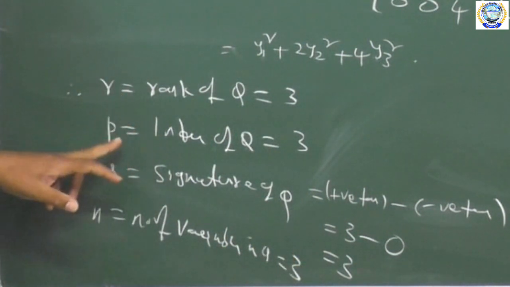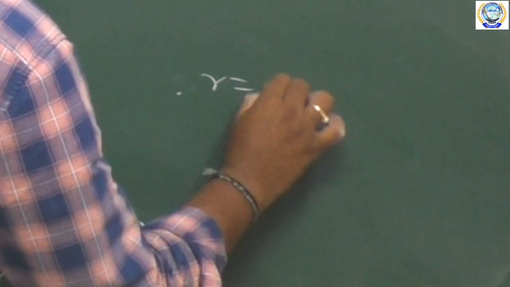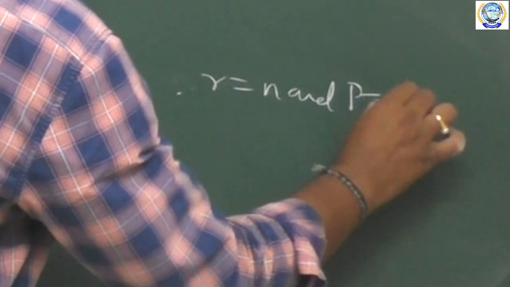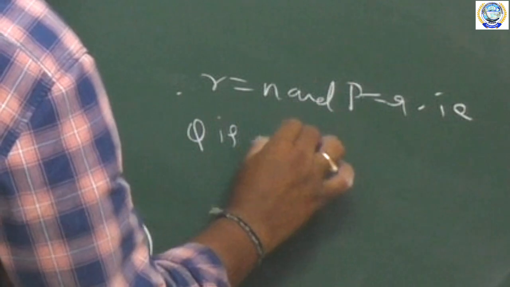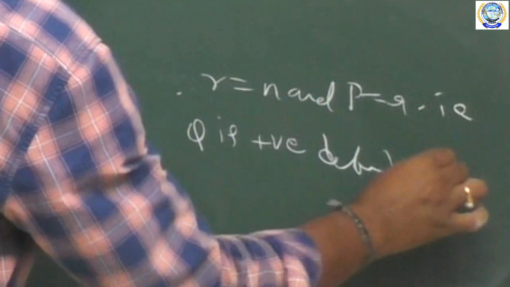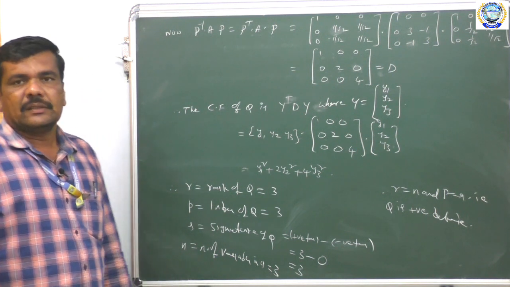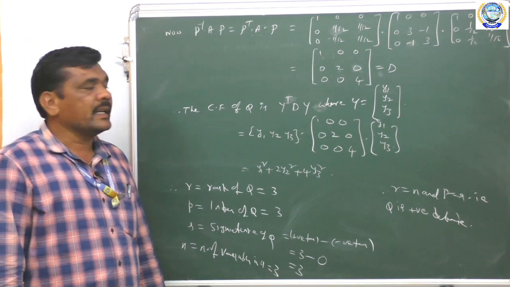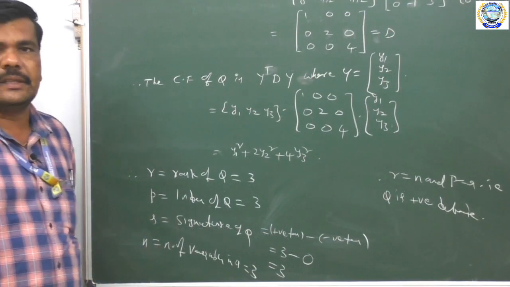So from the rank, index, and number of variables, we observe that r is equal to n and p is equal to r. That is, the given quadratic form Q is positive definite. Similar procedure will be applied to the problems in reduction of quadratic form to canonical form by using the orthogonalization method.